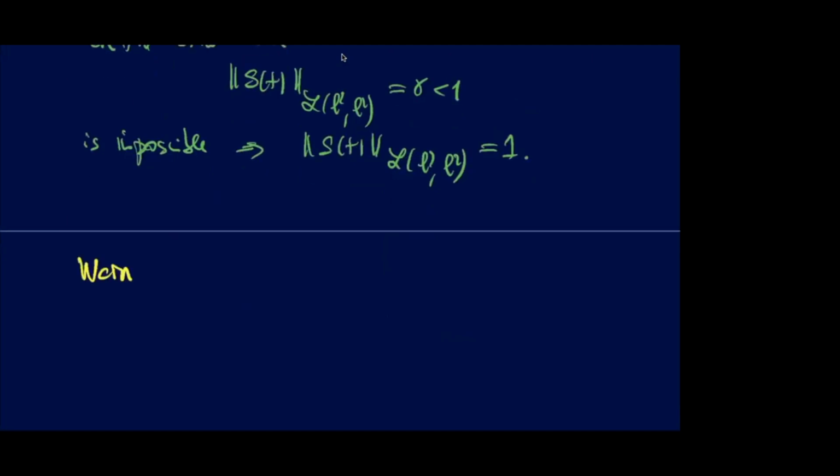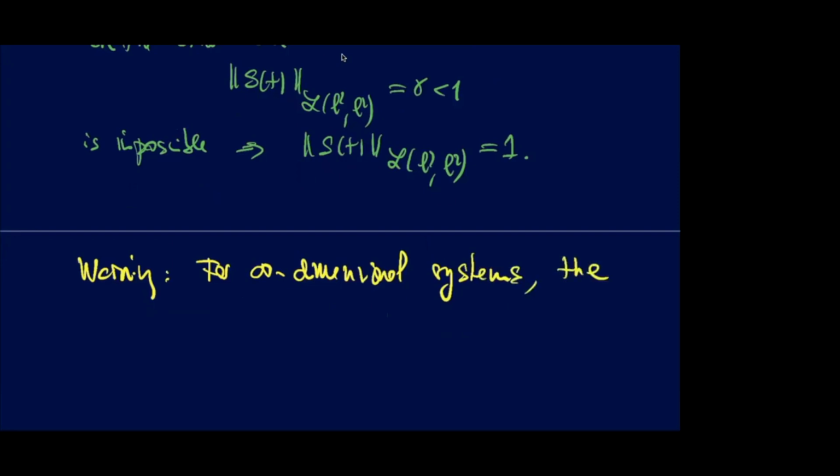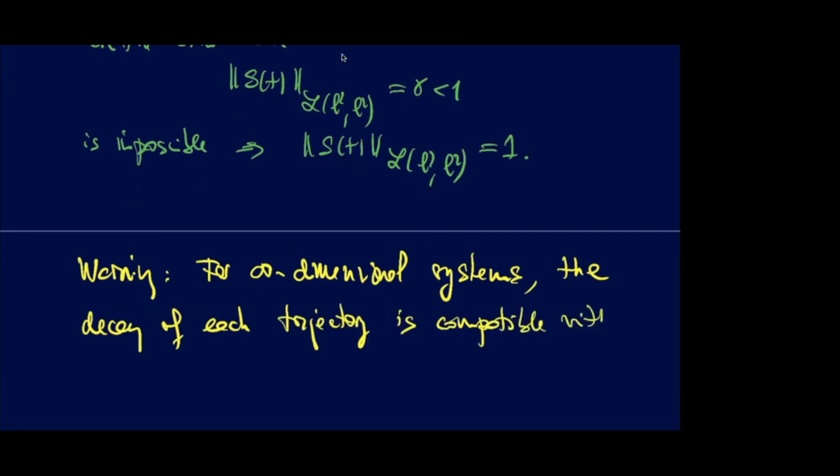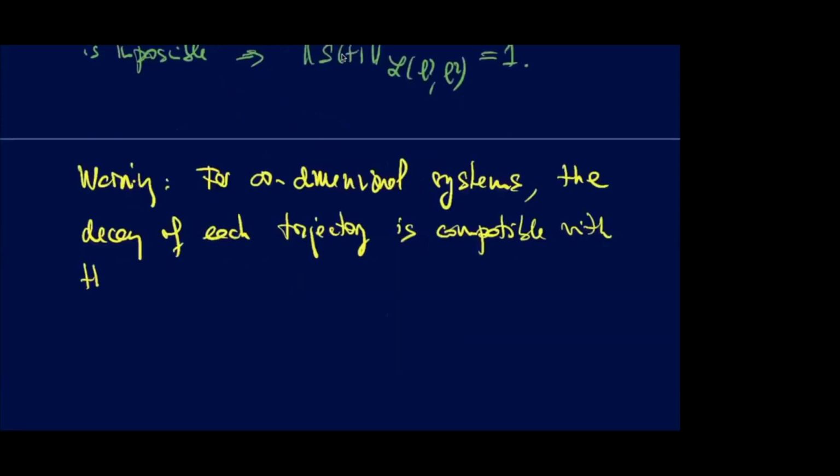So this is an important warning. The warning is that for infinite dimensional systems, the decay of each trajectory is compatible with the absence of decay of the semigroup.